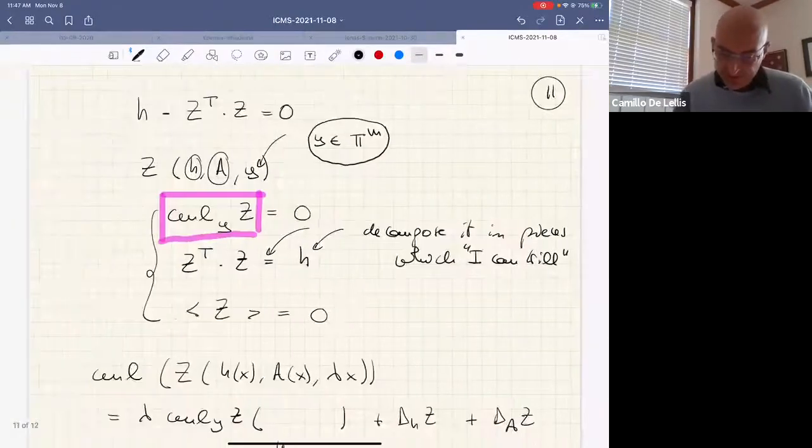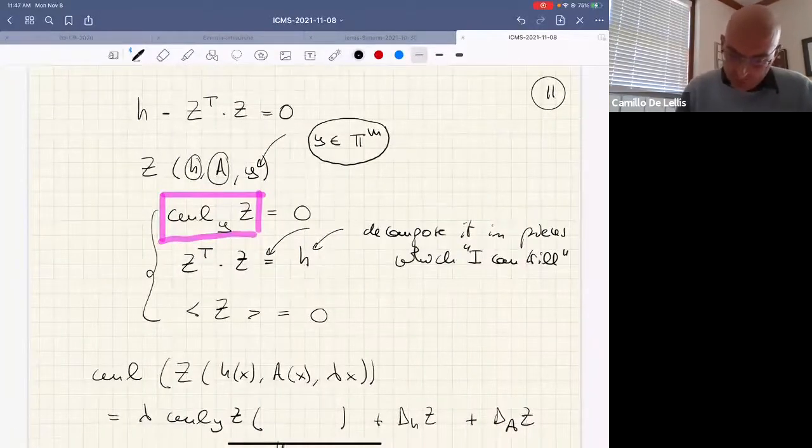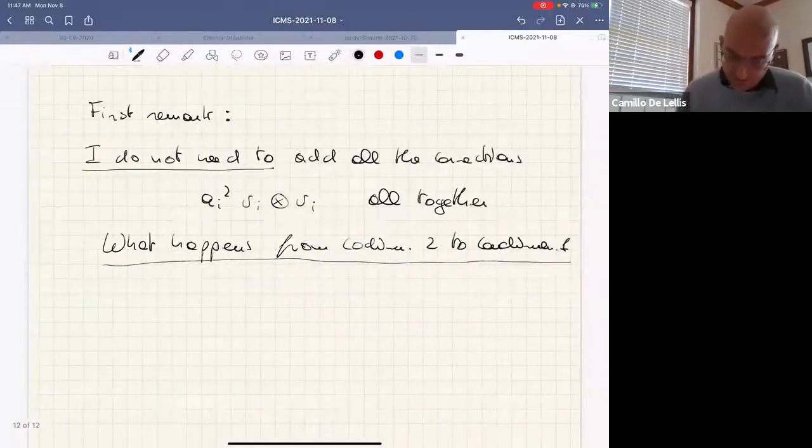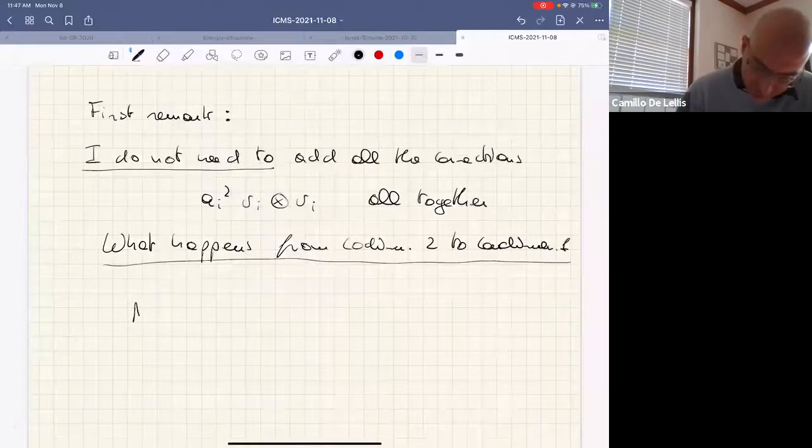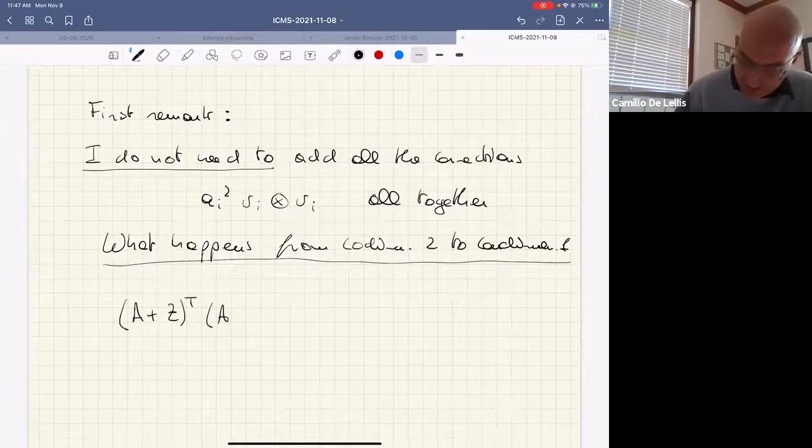This means that when I solve this identity over here, I will not only have z transpose times z equal h, because what I'm really having is something like a plus z transpose times a plus z equal g. So instead of having only the quadratic equation, I have something which is more complicated.